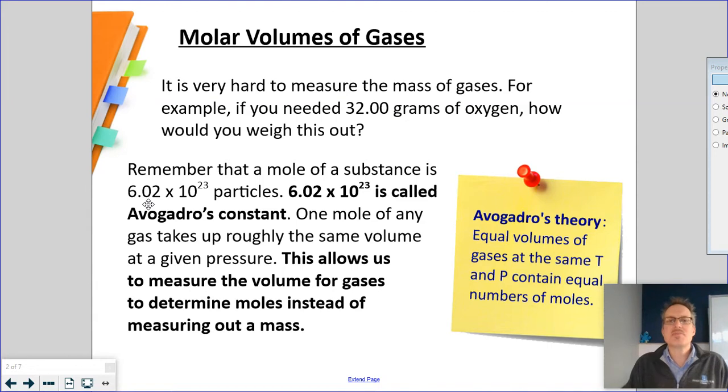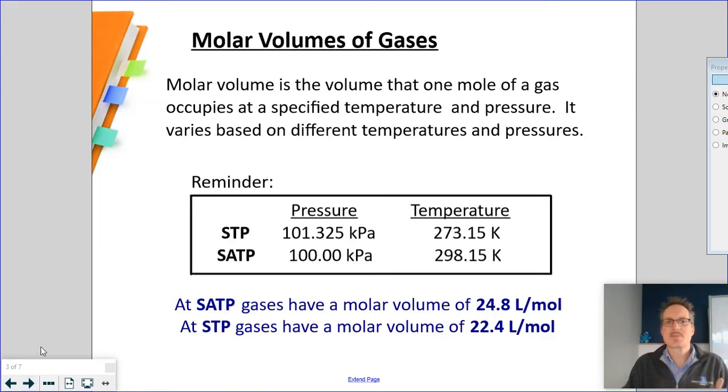This allows us to measure the volume for gases to determine moles instead of measuring out a mass. So by this new formula, instead of using an electronic balance and getting mass, there is a connection between volume and moles as well. And so we're going to use that idea of molar volume today.